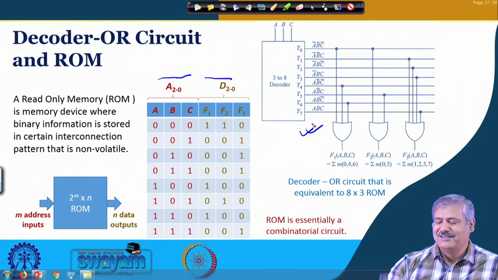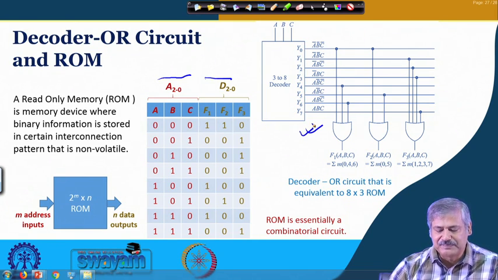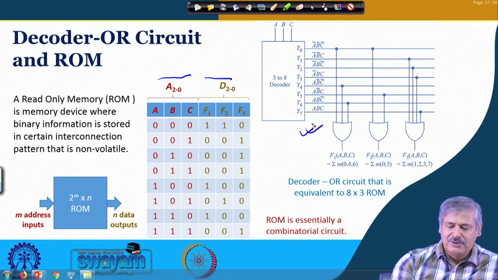Just to compare and see how it is similar, we have taken it again in this discussion. So, these 3 bits mean 8 address locations.